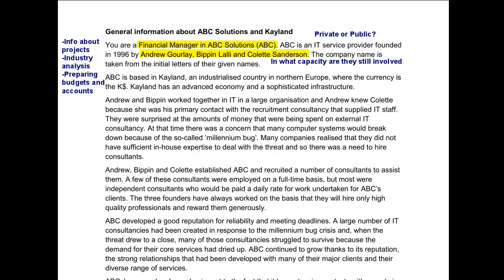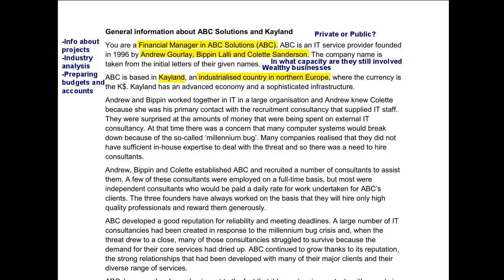Now on to some information about the country in which ABC operates. It operates in a country known as Caland, which is an industrialized country in Northern Europe. Given this, we know that there is perhaps a lot of disposable income, a lot of wealthy businesses who can afford IT services, and also that the level of education within the country is likely to be quite high.